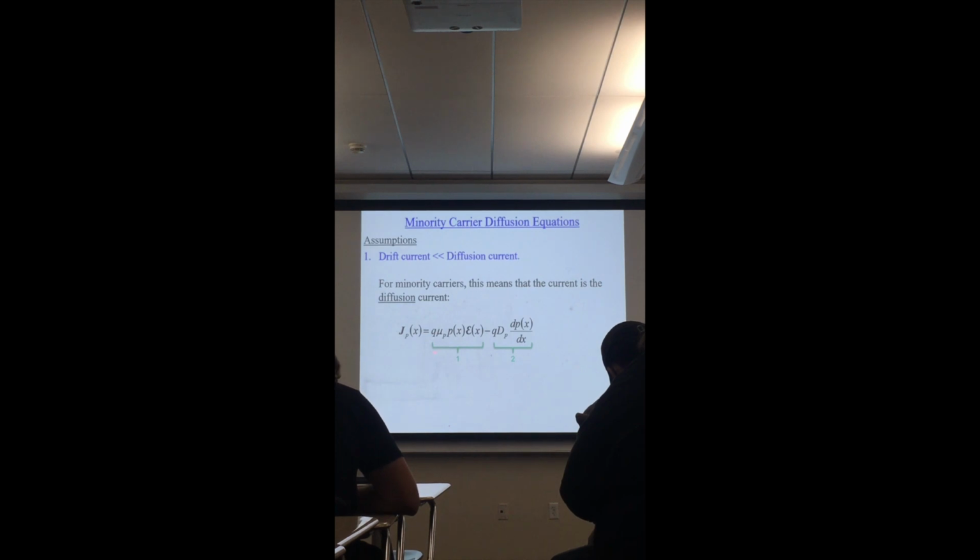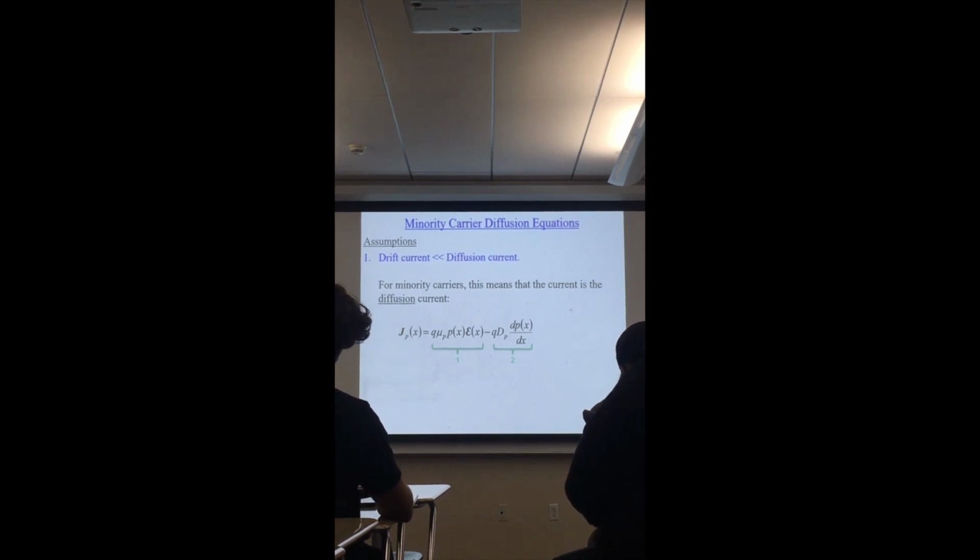Right? So we have this total current. Which part is the diffusion contribution? 1 or 2? 2, right? For the diffusion current, do you still remember what the driver was? Yeah, exactly.